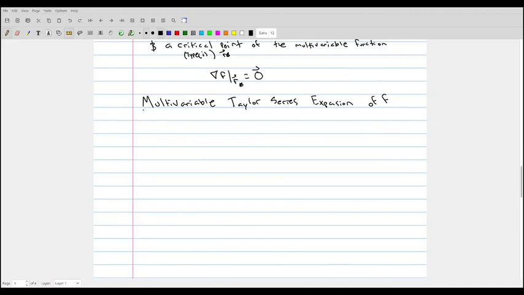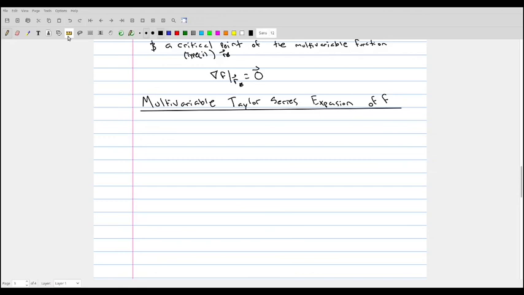Now, I'm not going to go over that in this lecture because it's a little bit long, and there's actually some interesting things from linear algebra that pop up when you want to express this multivariable Taylor series in the most simple way possible. But it turns out that this is the key to getting the second derivative test for multivariable functions.